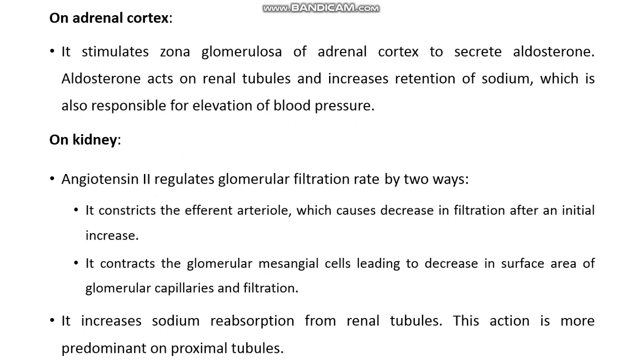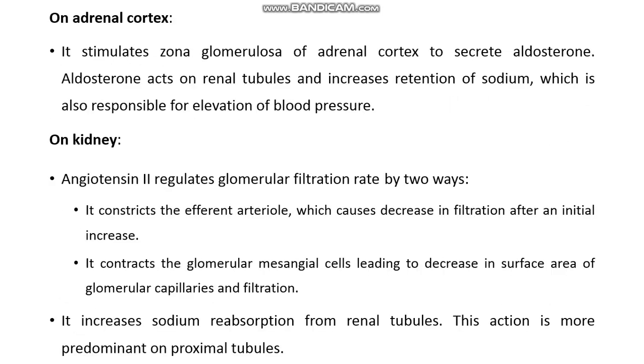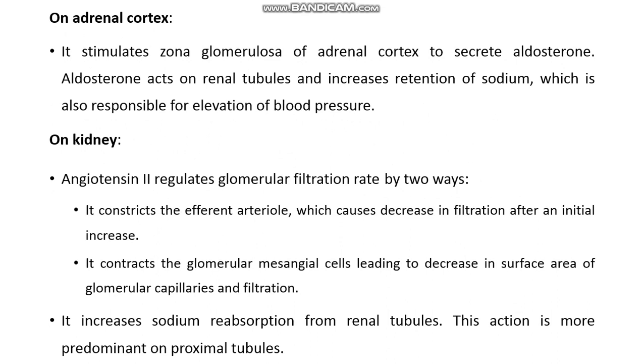Then how does it act on the adrenal cortex? Angiotensin 2 stimulates the zona glomerulosa of the adrenal cortex to secrete aldosterone. So aldosterone is secreted due to the action of angiotensin 2.